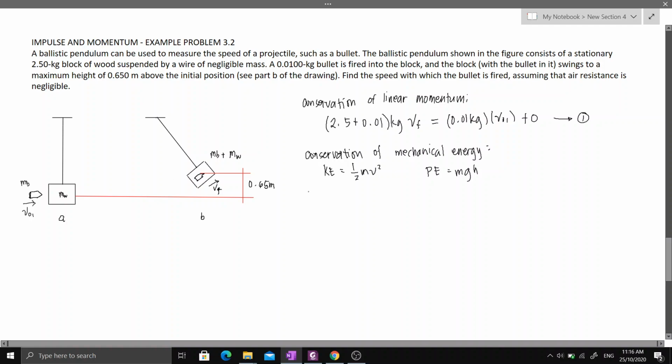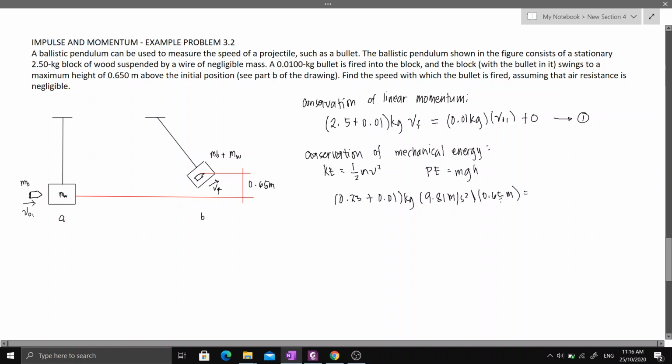So writing this down, let us first consider the potential energy. Since the block of wood and the bullet are together, we can write that as 2.5 plus 0.01 kilograms times 9.81 meters per second squared times the height h, which is equal to 0.65 meters.